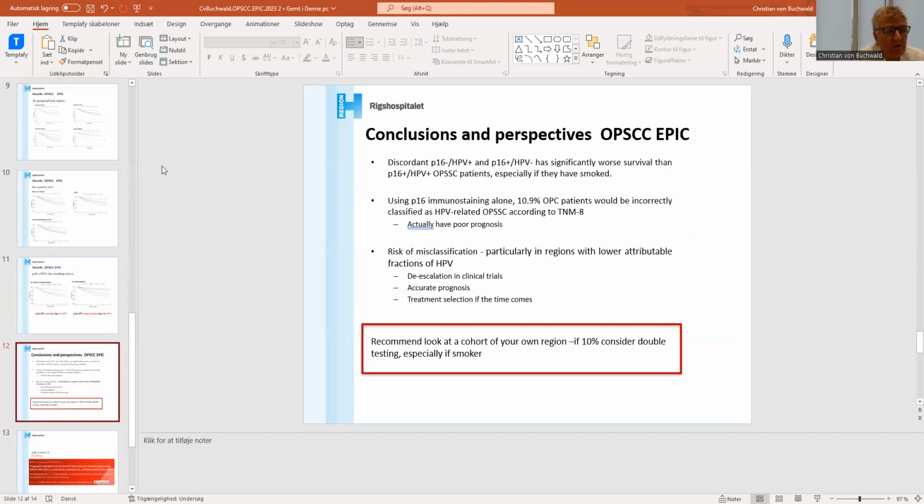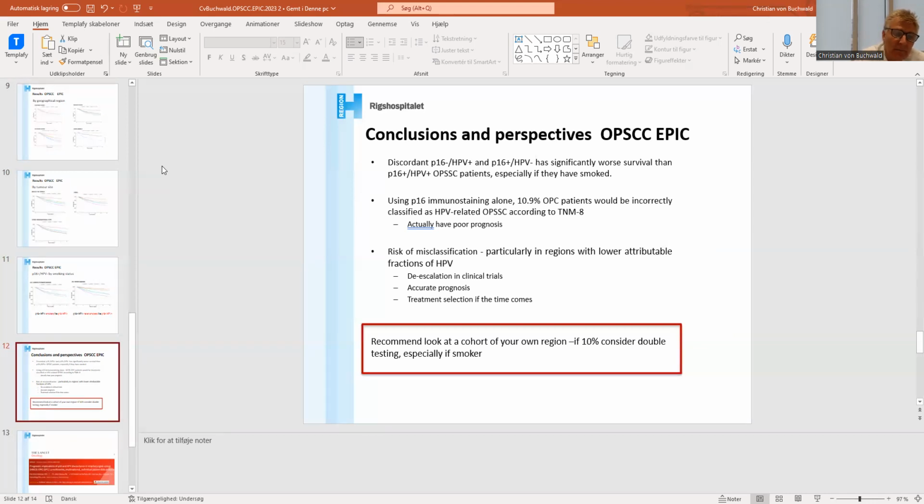So allow me to reach the conclusion and perspectives of this multi-center and multinational study. We find that discordant P16 negative and HPV positive, and P16 positive and HPV negative, have a significantly worse survival than double positive oropharyngeal cancer patients, especially if they have smoked.